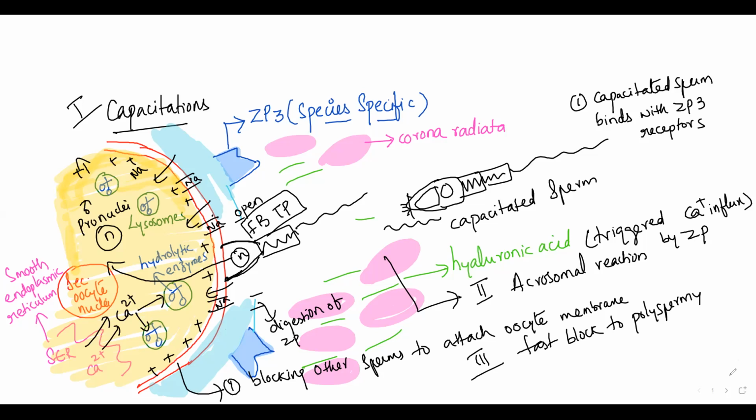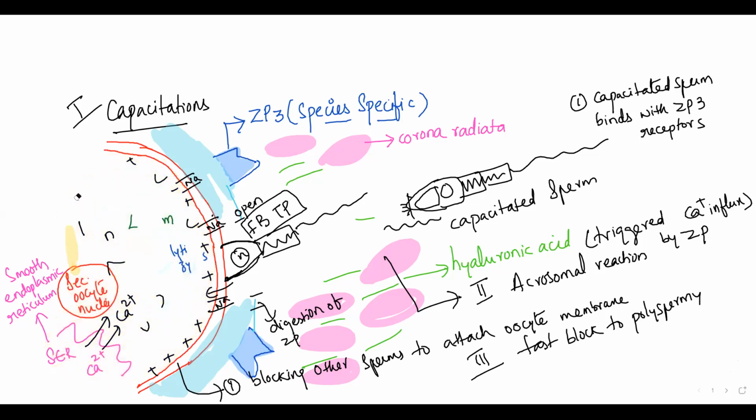Now let me erase a few of the things and show you what the magic is going to turn on over here. The calcium influx has happened, and calcium is activating the lysosomes here.